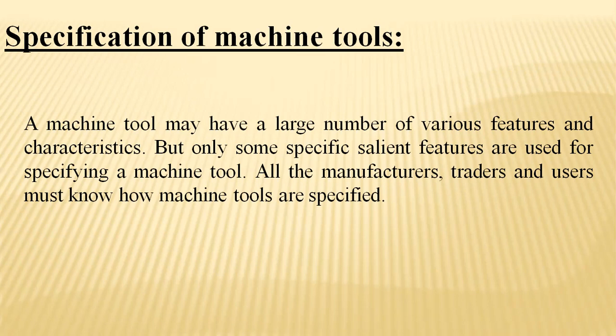Unshaped material will be transformed into finished shapes only by utilizing these machine tools, and the concerned geometrical specifications will be set in a perfect way. We'll discuss in detail the salient features used to specify machine tools in today's class.